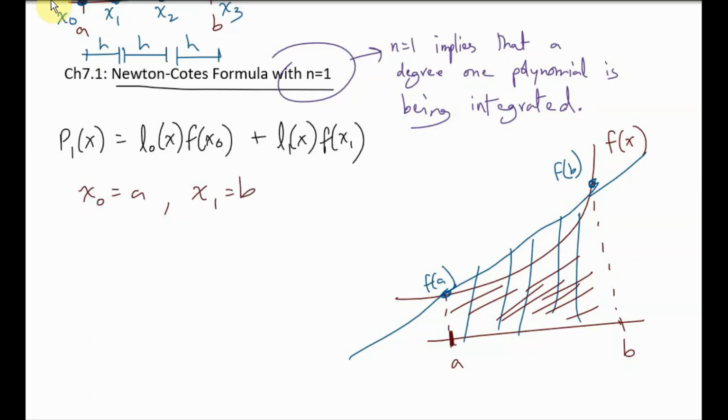We want to find the integral over the interval a comma b, so x naught is going to be a, x1 is going to be b. Now what's going to happen when we integrate p1 of x? Let's do that. We want to integrate p1 of x over the interval a b.